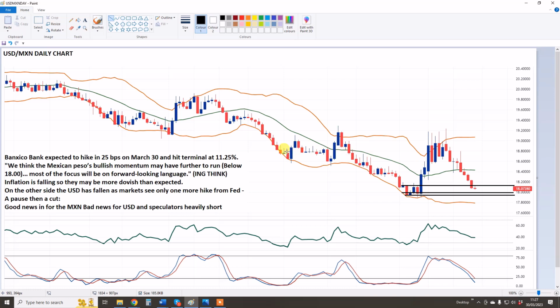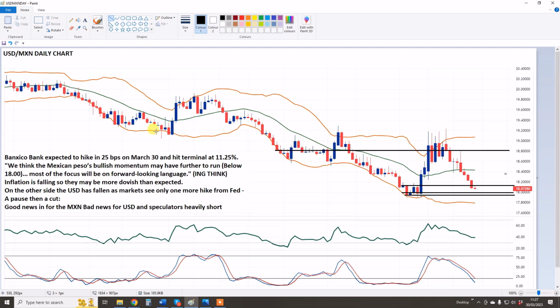Where could we go? I think the USD is oversold. We could get up to the 18 level. Okay. Sorry, that line's not quite straight. My mouse is not working today. There we go. So we could easily get back to that tail in my view. That gives a good risk to reward.